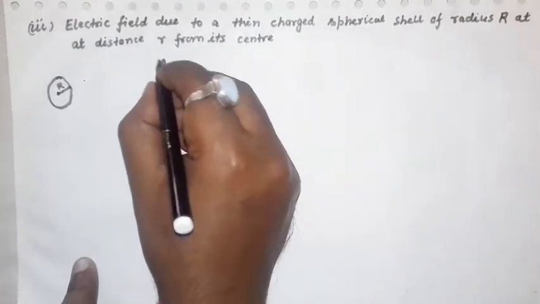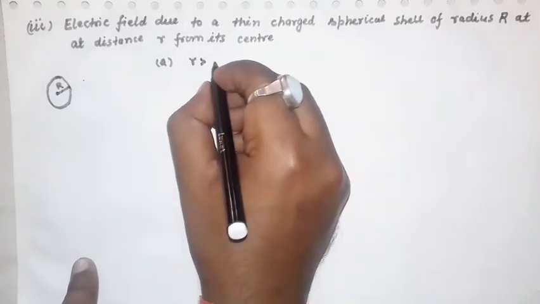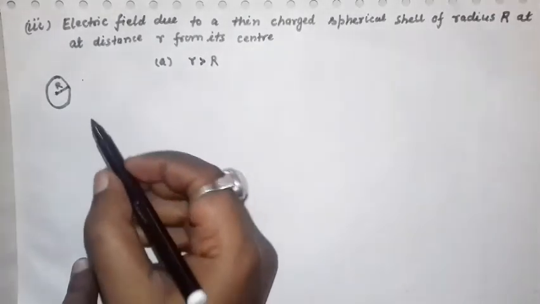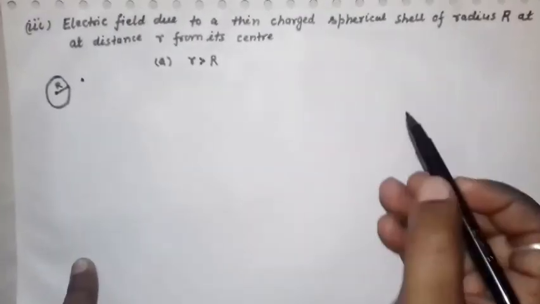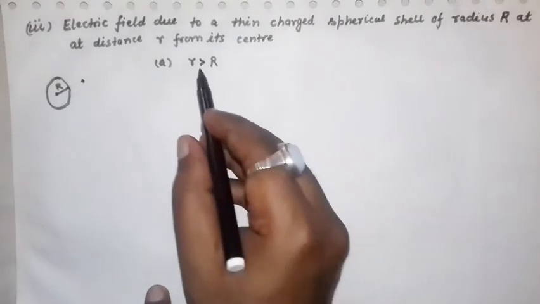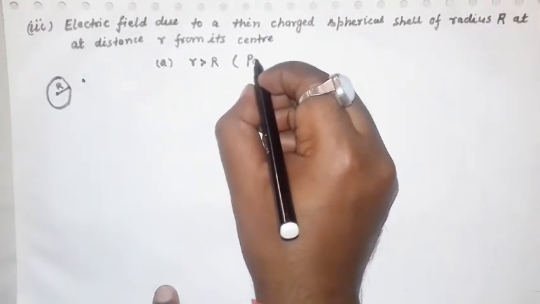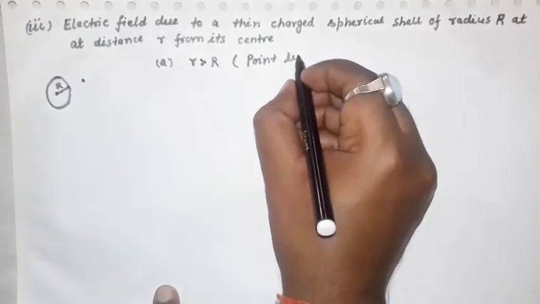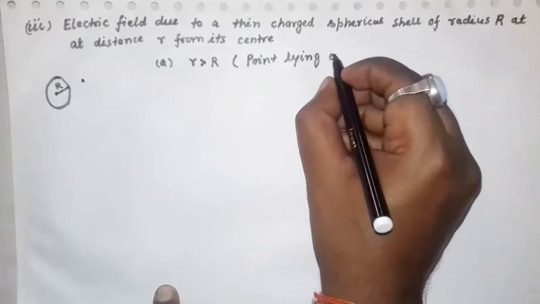The first case is small r is greater than capital R. This means the point is outside. So for this case, we can say that the point that we have considered to calculate electric field is lying outside.